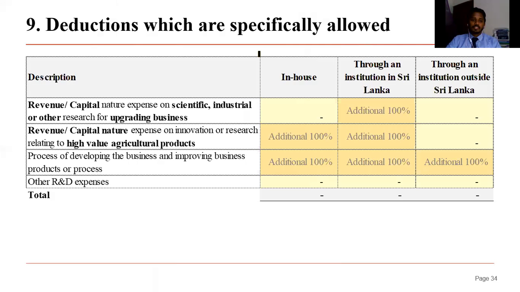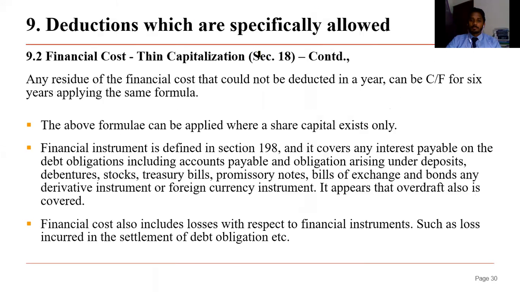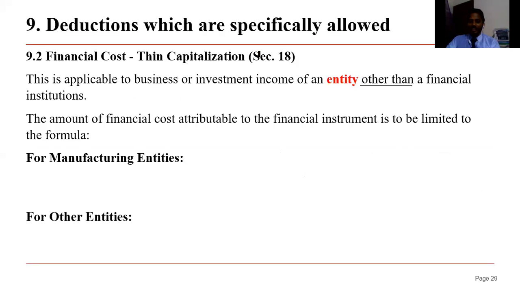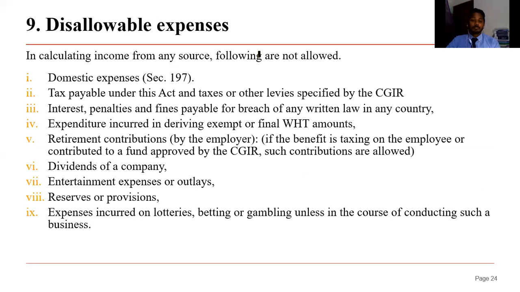If you can remember, normally when computing assessable income from business, we need to adjust. Normally once we take accounting profit, we need to do several adjustments in order to arrive at assessable income from a business.